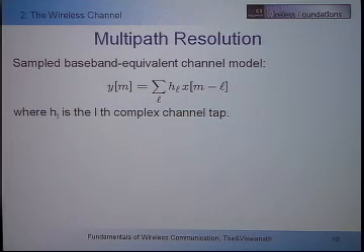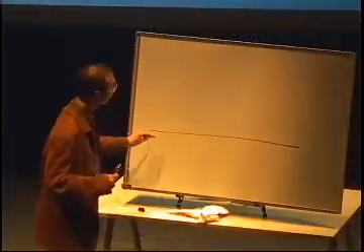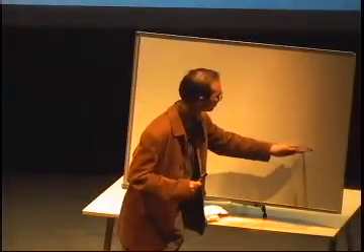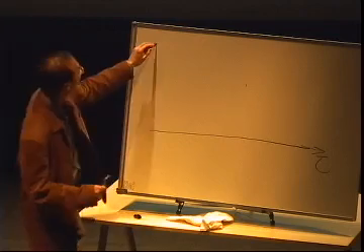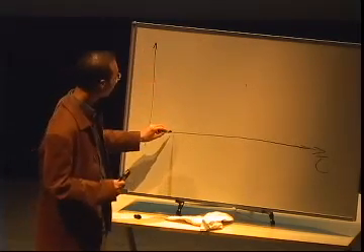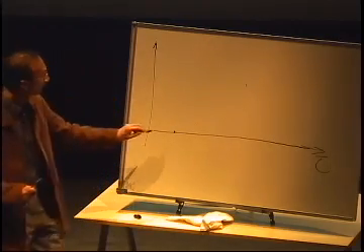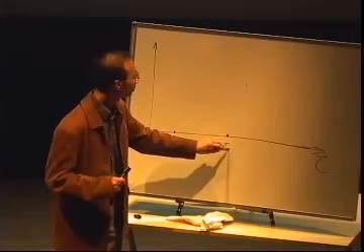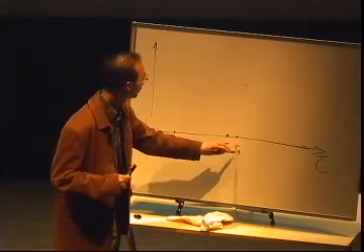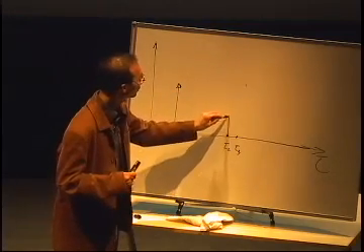Okay. Now, what's happening here? If I look at the delay in continuous time and I plot, let's say, the locations of the paths, let's say the first path arrives at time tau 1, the second path arrives at tau 2, the third path arrives at tau 3, etc. And then I plot the gains of these paths.